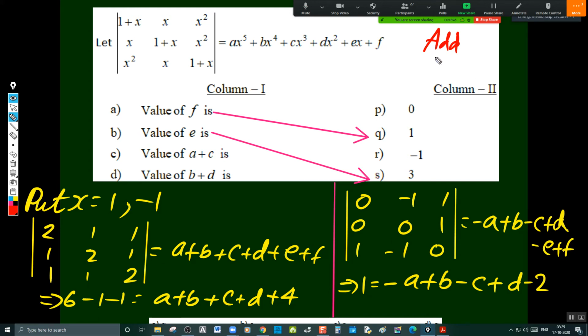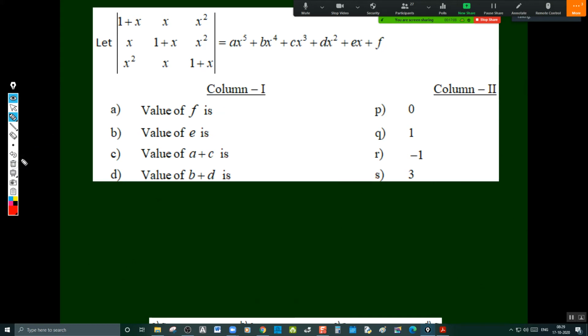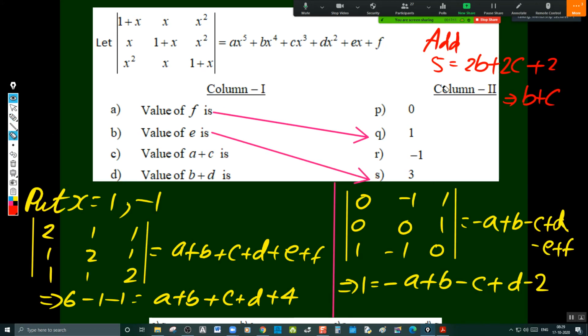This is 1. 5 is equal to twice of b plus d. This is plus 4 minus 2 plus 2. B plus d is how much? B plus d. 1.